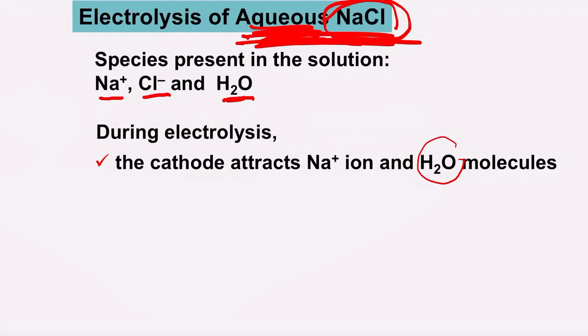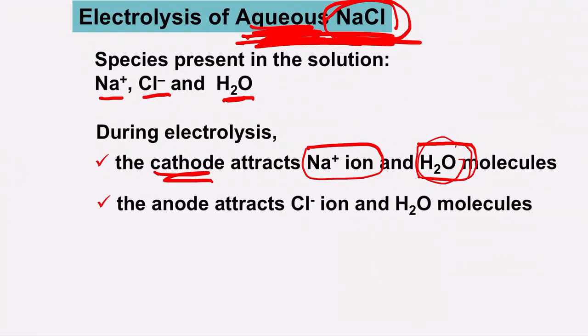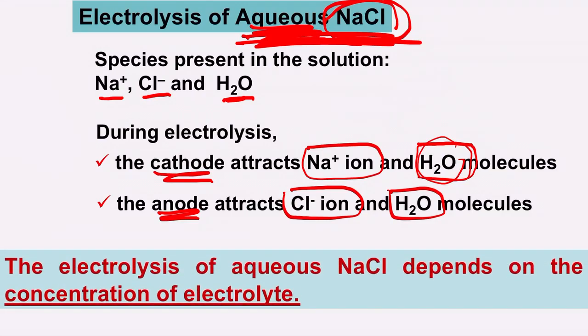So right now you have two different half reactions at your cathode. Which of the ions will be discharged, which of them will undergo reduction? We need to know. At the anode, you have Cl- and H2O too. So the electrolysis of aqueous NaCl will depend on the concentration of your electrolyte.